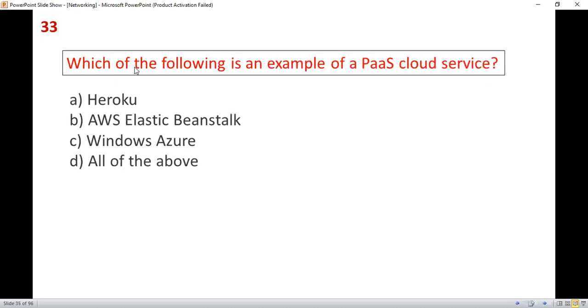The next question you can see here: which of the following is an example of a PaaS cloud service?